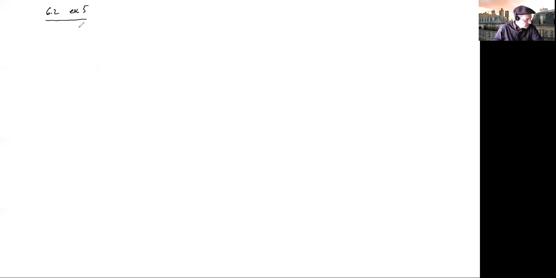In this case, the region is given by the curve x equals twice the square root of y, x equals 0, and y equals 9. This is the region in question, and we now have to rotate it not around the x-axis, but about the y-axis. So it's a different sort of problem.